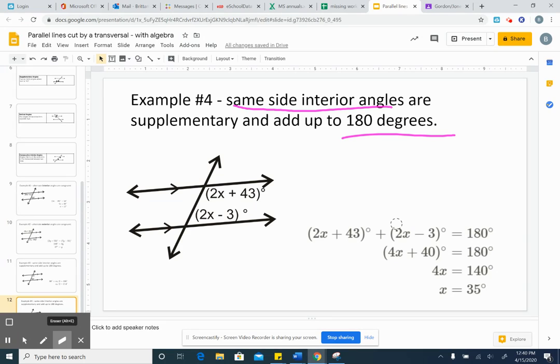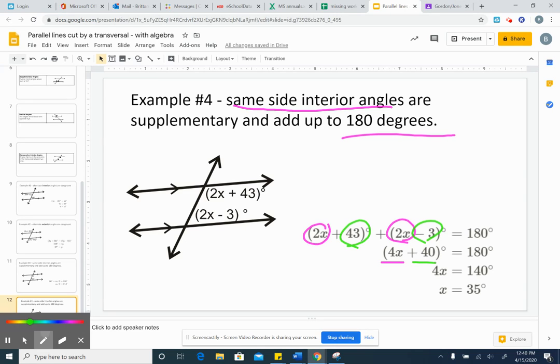So now we have 2x plus 2x. Let's combine these like terms. 2x and 2x gives us 4x. Okay, you can see that here. And then we have a 43 combined with a negative 3 gives us 40. All right, now we've combined like terms. We have 4x plus 40 equals 180.